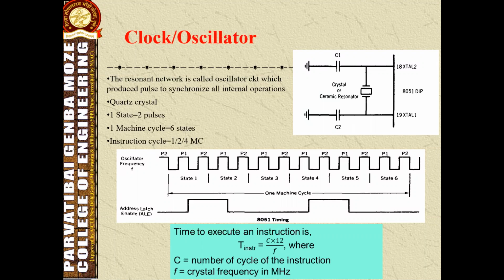The crystal oscillator frequency is the internal clock frequency of the microcontroller. Whatever frequency the crystal oscillator provides, that itself is the microcontroller frequency. Manufacturers provide 8051 microcontroller designs that run at frequencies ranging from 1 megahertz to 16 megahertz.